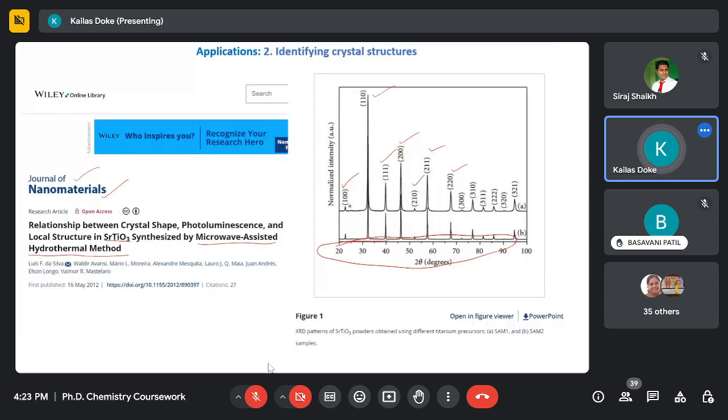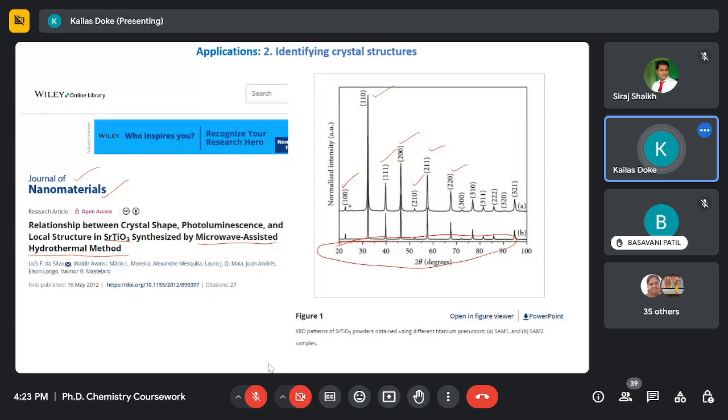So this calculation you have to do for each peak, and this calculation gives the Miller indices of each peak, which you can calculate with the help of the modified Bragg's law and modified planar equation. Is it okay? Yes, sir. Okay.